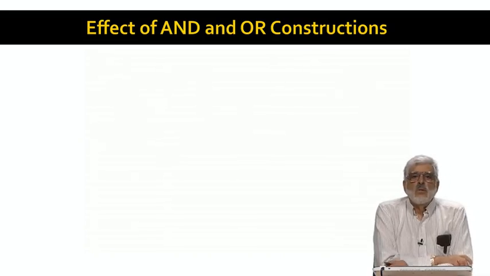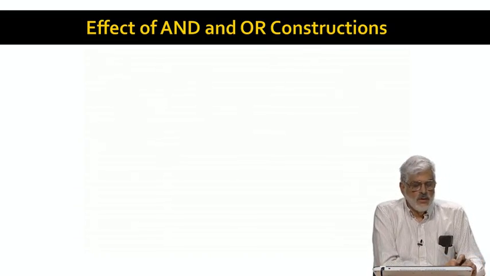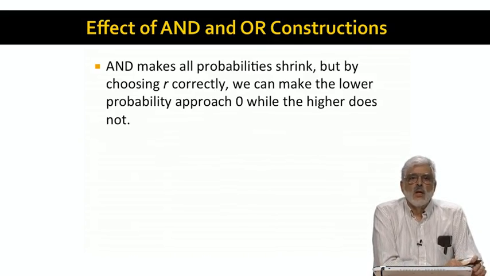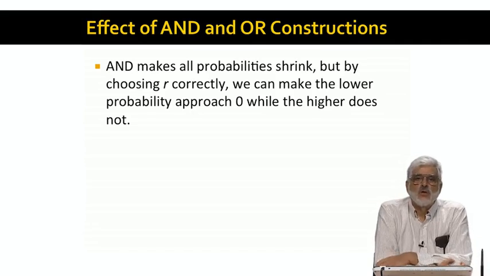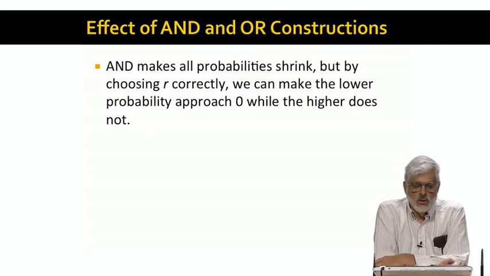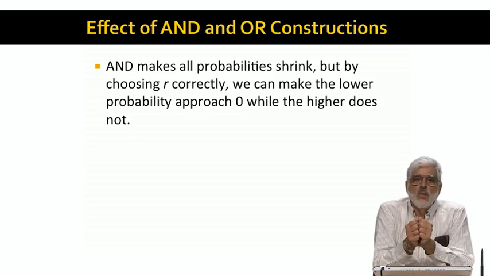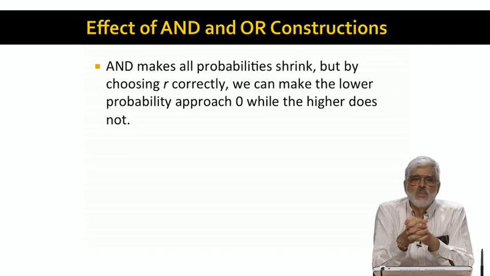So here's a summary of what happens when we apply the AND and OR constructions. AND makes both the high and low probabilities shrink because we're taking two probabilities which are less than 1 and raising them to the rth power. What we need to do is pick R big enough so that the low probability becomes close to 0, yet pick R small enough that the high probability stays significantly above 0.